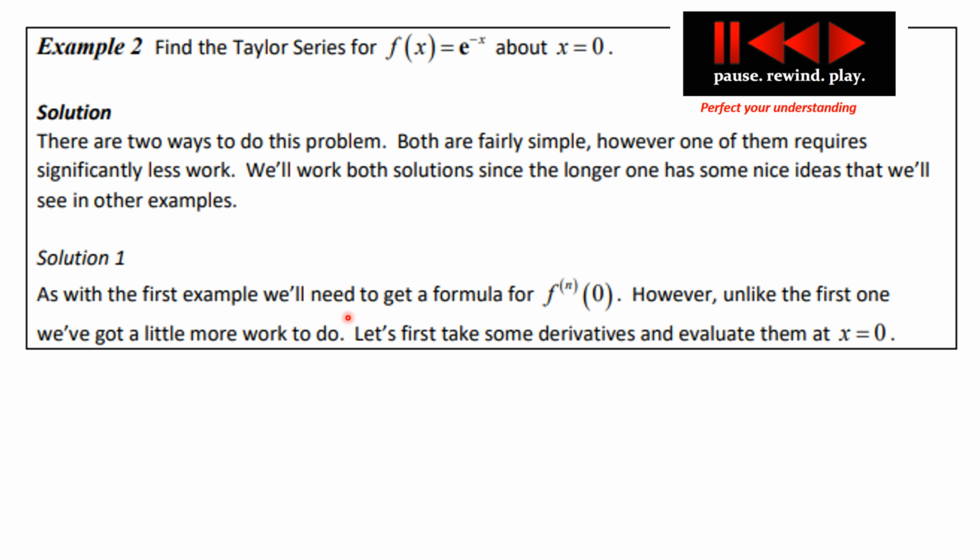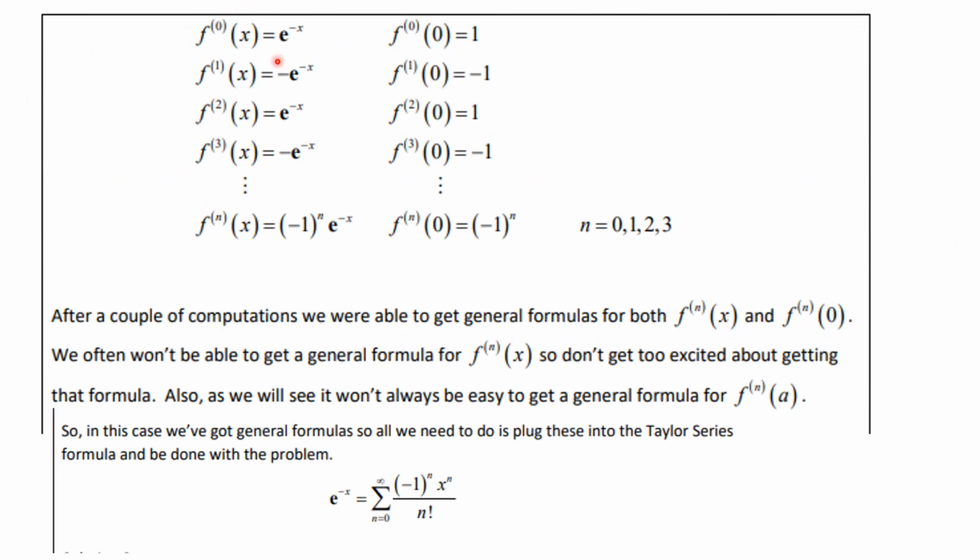So what we're going to do is calculate the coefficients associated with this. We're going to be taking the nth derivative evaluated at 0 for f of x equaling e to the minus x. So we're taking those derivatives. But when we're taking the derivatives, we have the chain rule.